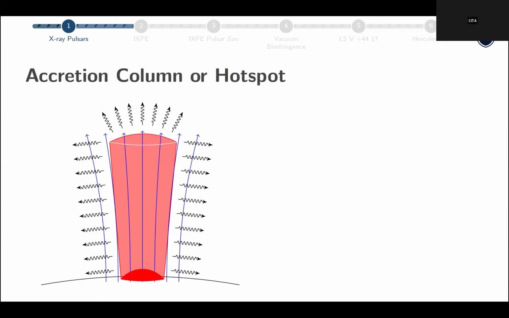And during that bouncing, they get upscattered in energy on average. This is a model by Becker and Wolf that basically can account for the emission over a broad range of the X-ray energies for Hercules X1.